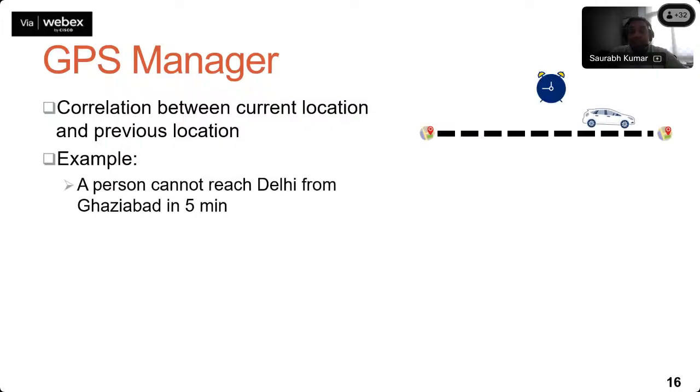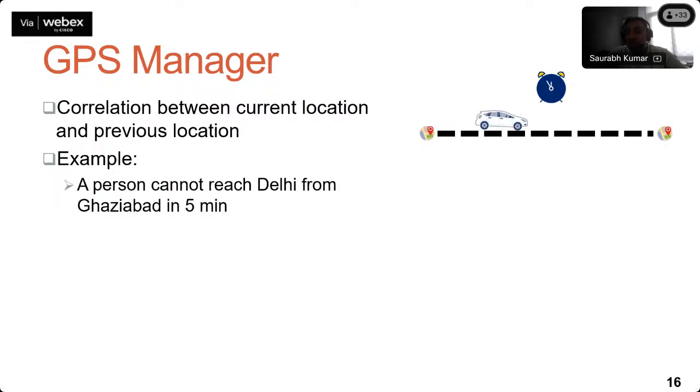For example, somebody in Delhi cannot reach Ghaziabad in 5 minutes, because of traffic and everything. Or if somebody is in Jaipur, they cannot reach Delhi in 5 minutes. That is not possible. So we should be much more careful about these things.